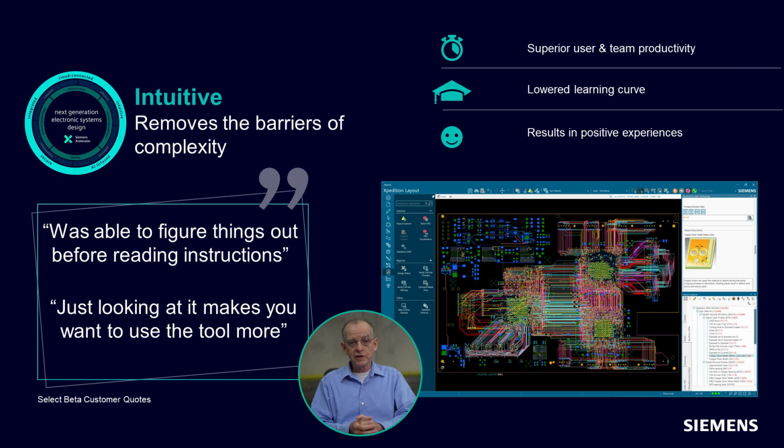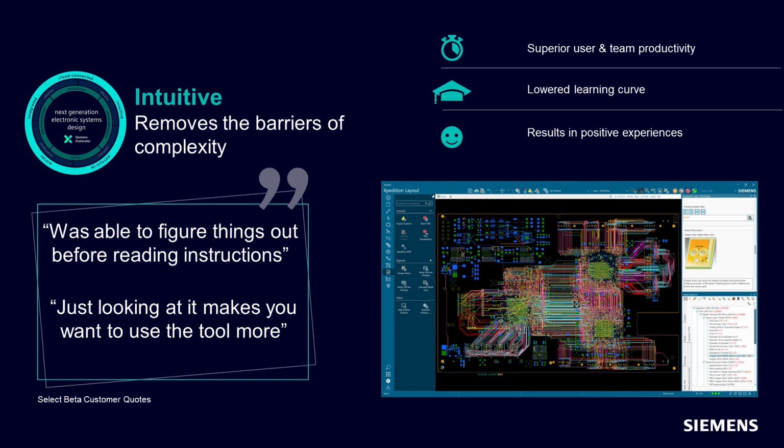The user experience is configurable so that we can configure it for new users versus power users. We spent a lot of time working with different user communities to validate the experience that they're going to get. Now let's roll into a short video that gives you an overview of this.